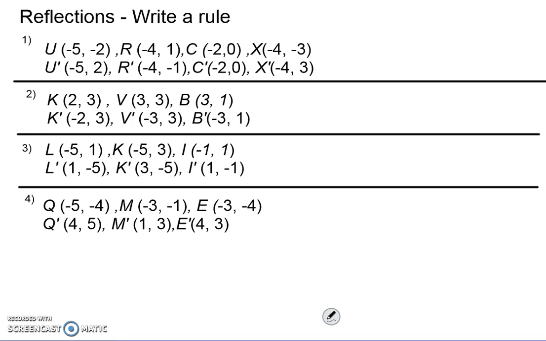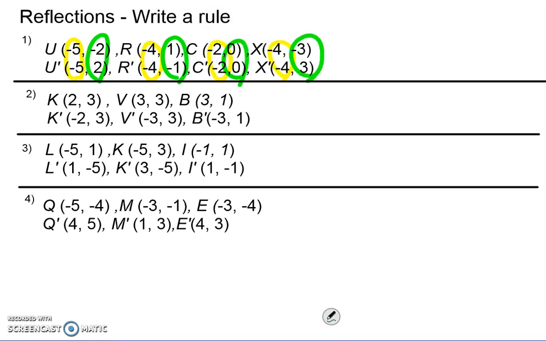So if we apply those rules with ordered pairs, we want to write a rule. You want to look at your new ordered pairs and see what's been done to these. So if we look at all the x values, they did not change at all. So look at your y values. Change signs, 0 doesn't change signs, and this changed signs.